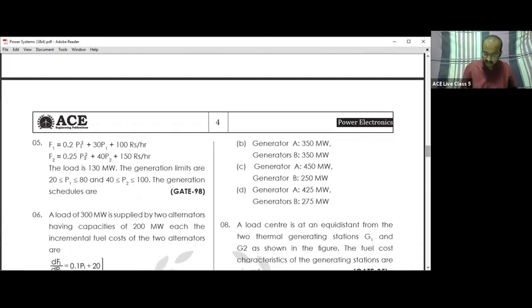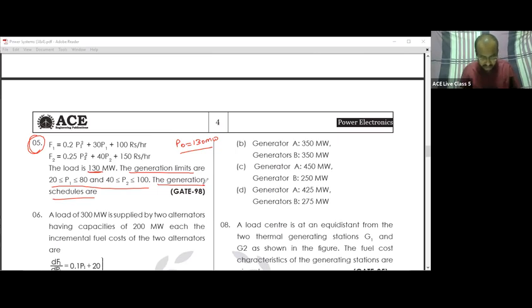He has given two fuel costs. The load PD is 130 megawatt, and the generation limits are given for P1 and P2. Try to take a screenshot of this if you do not have it, and I will solve that.